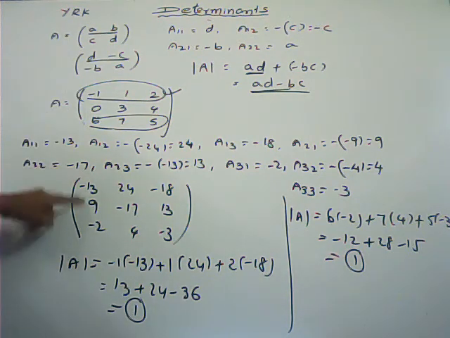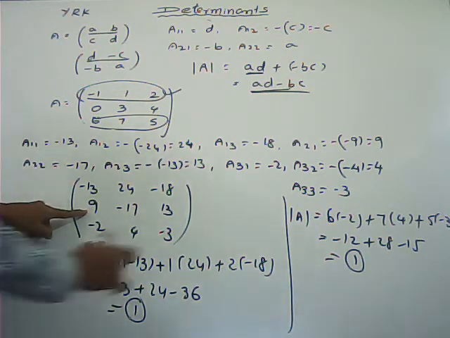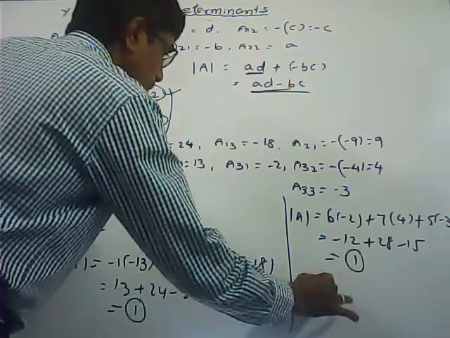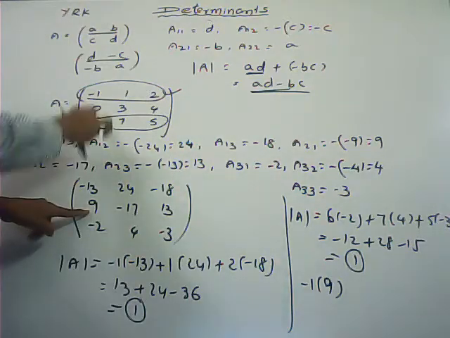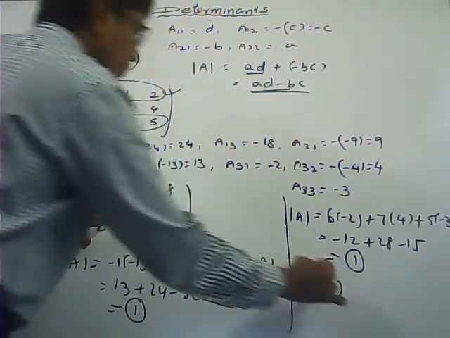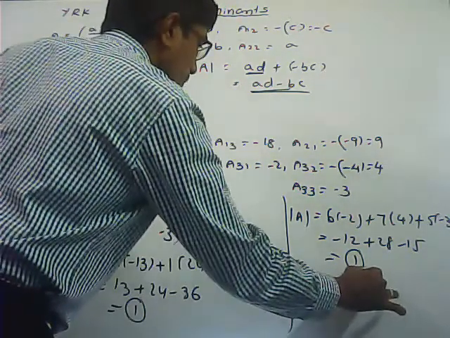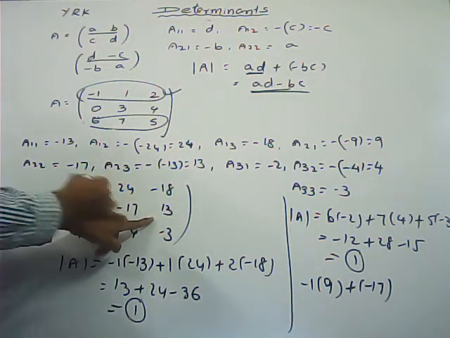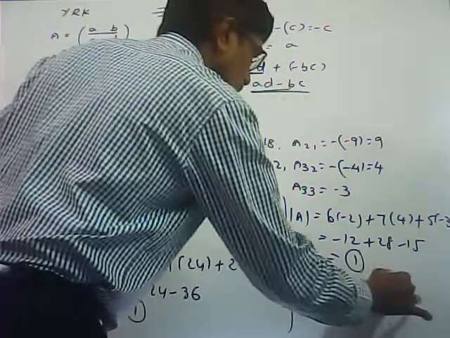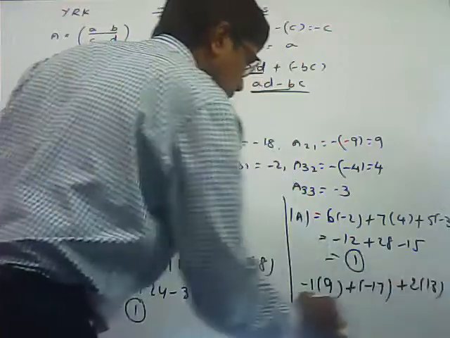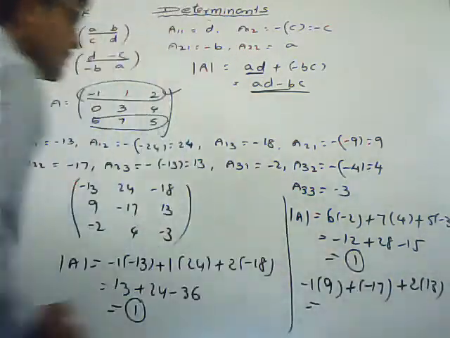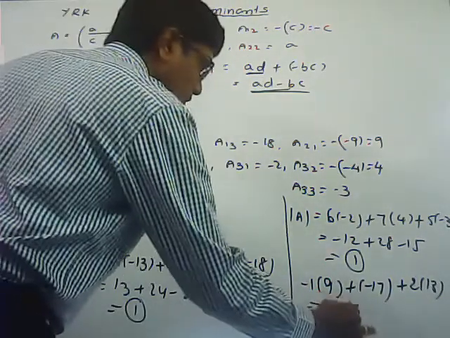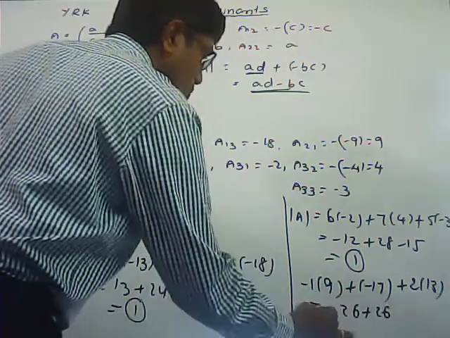If these are multiplied with the second row cofactors: minus 1 into 9, plus 1 into minus 17, plus 2 into 13, that is minus 9 minus 17, that is minus 26, plus 26, that is equal to 0.